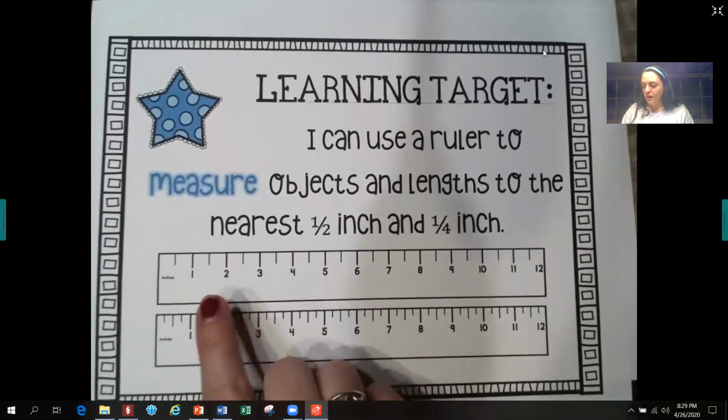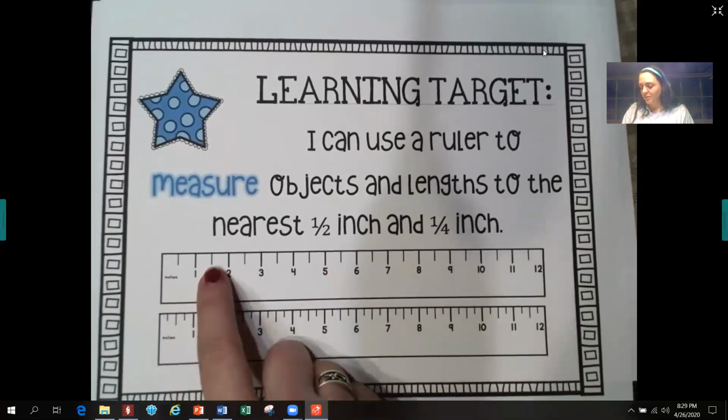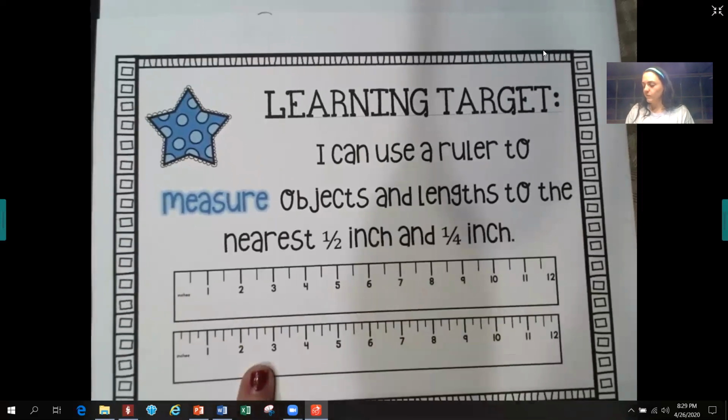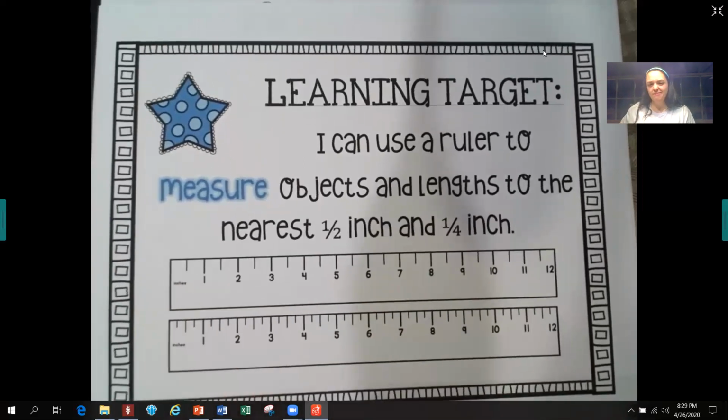The first one looks like it's partitioned differently than the bottom one. I'm getting flashbacks to our discussions about number lines and how we can partition number lines.